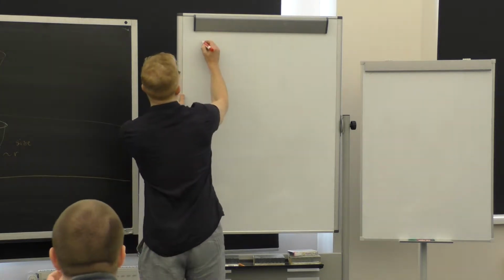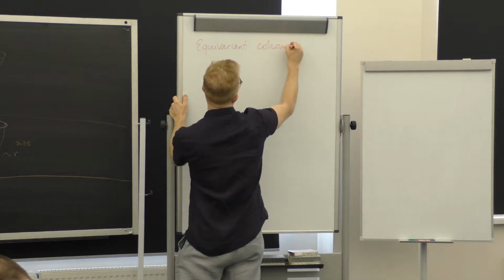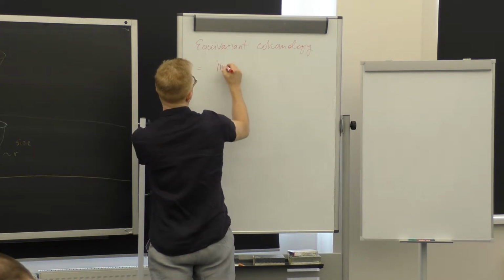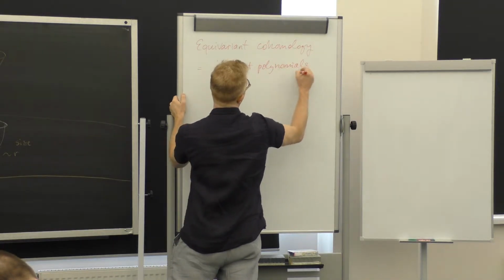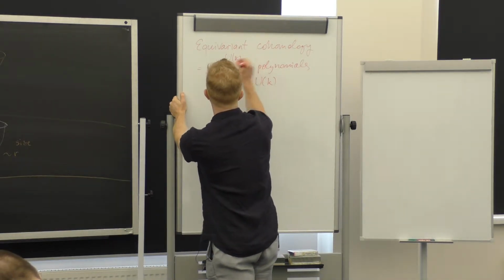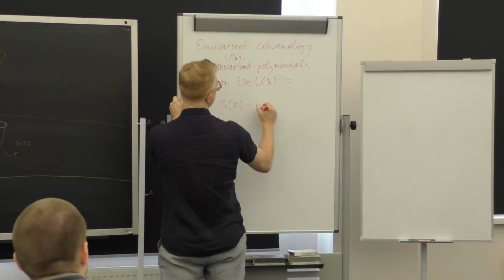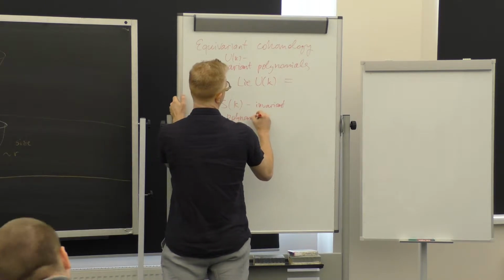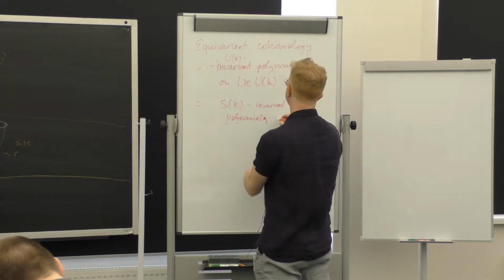And so the equivariant cohomology is simply the invariant polynomials on the Lie algebra of the group UK, so UK invariant, which is the same thing as the SK symmetric polynomials in k variables.